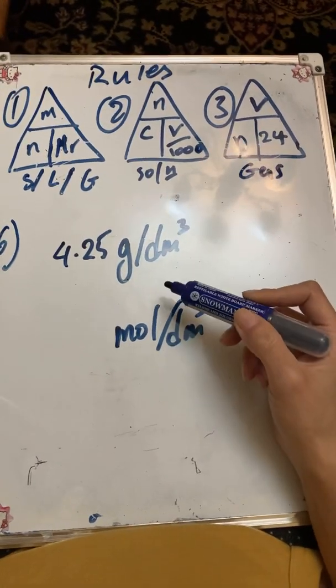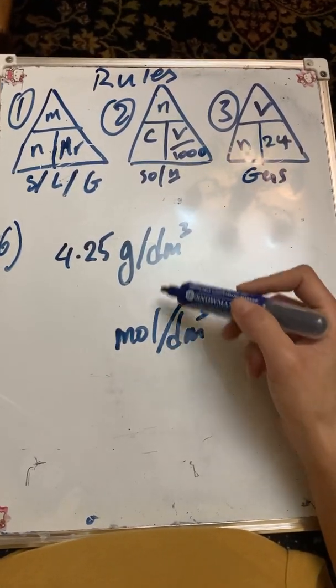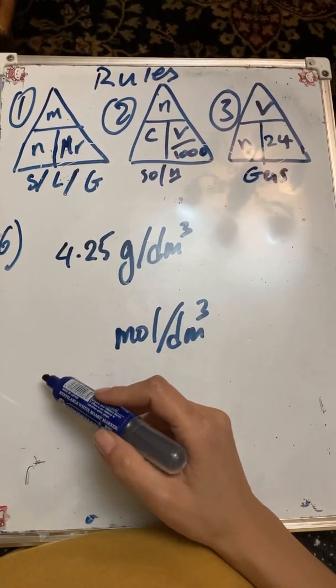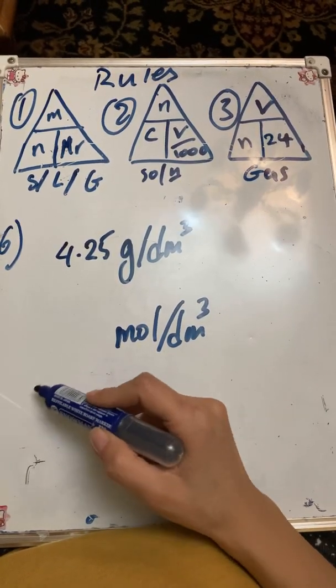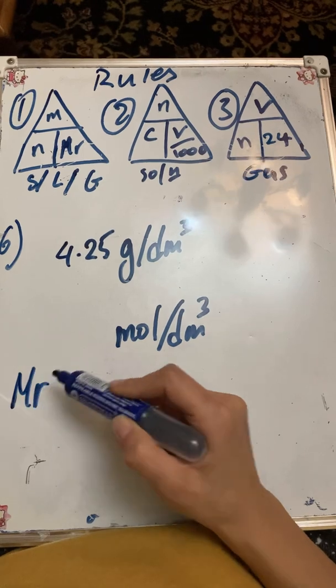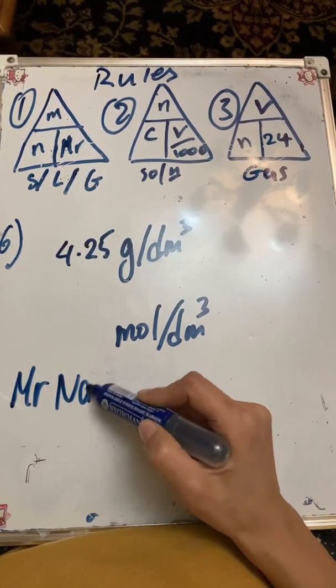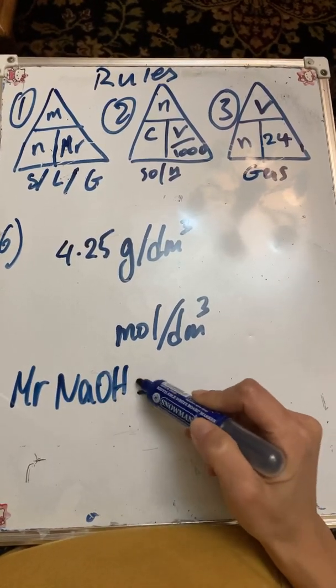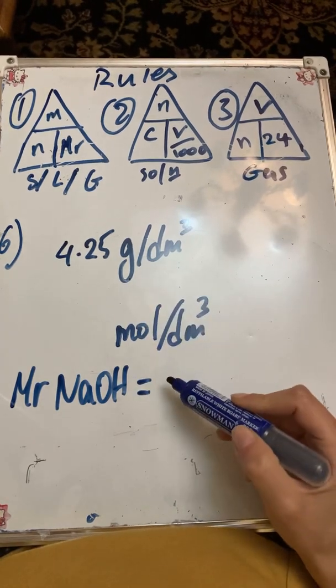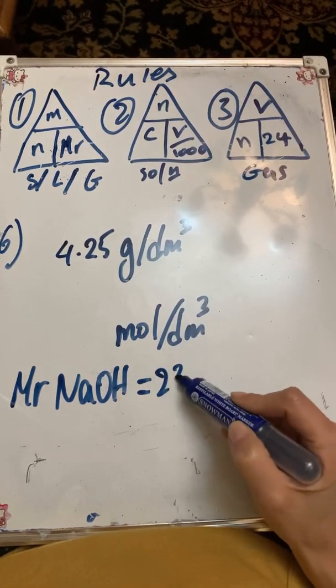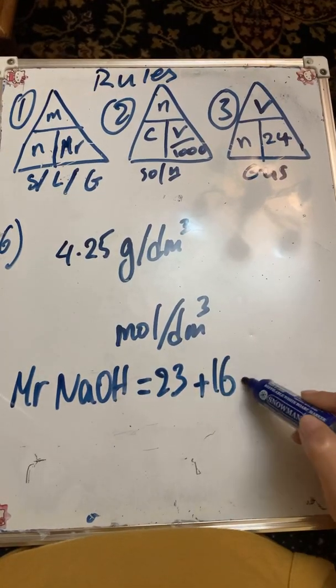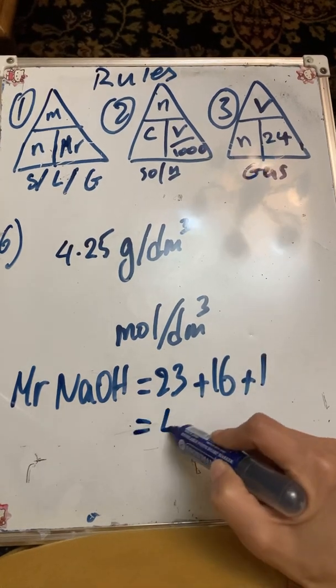In the previous video we discussed how to convert these two units, and he is talking about sodium hydroxide. So you have to calculate the MR of sodium hydroxide, because this is what the unit conversion is about. It would be 23 plus 16 plus 1, which is 40.